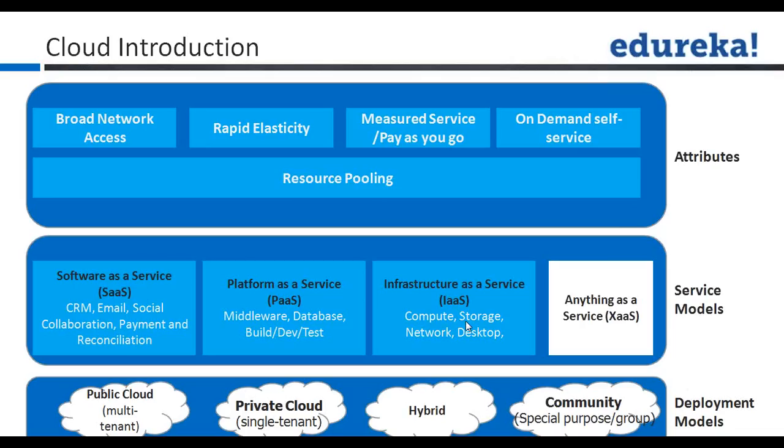Let's make our own cloud, because we are in the same banking domain. We know our security requirements, but we don't want to invest a huge cost for making our private cloud. So let's get together and make our own cloud. So Axis, HDFC and ICICI come together and make their own cloud, which is accessible only to the end users or the customers of Axis, HDFC and ICICI.